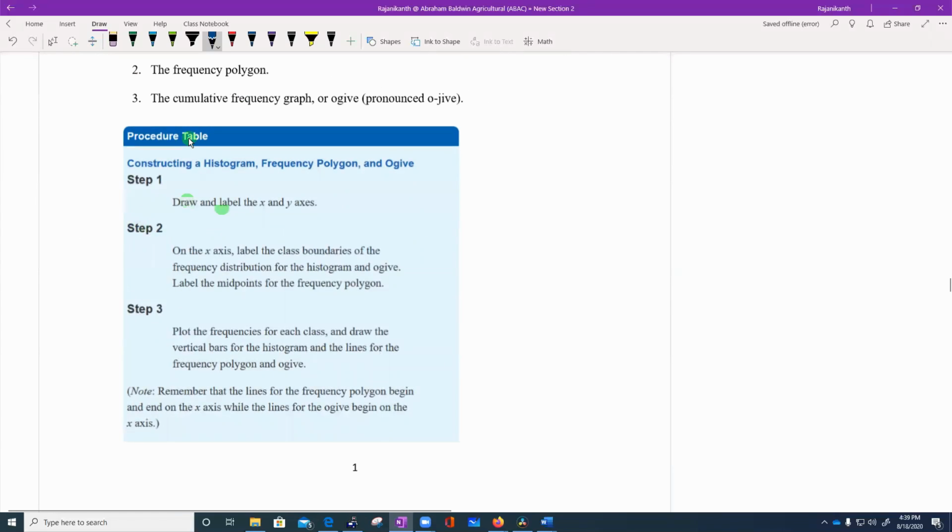So simply I'm just going over it. Let's look at how to first draw the histogram. A histogram is like a bar chart, a bar graph. But there's no space between two blocks.